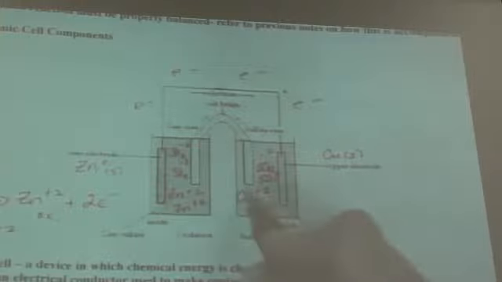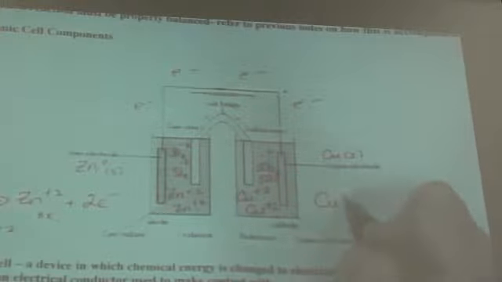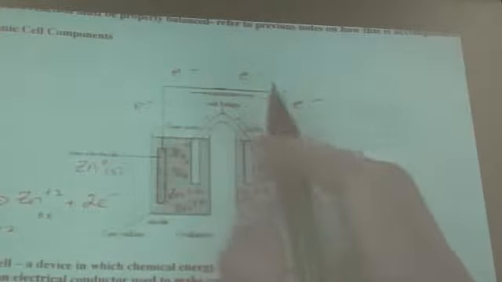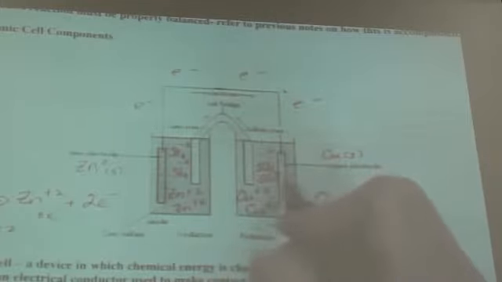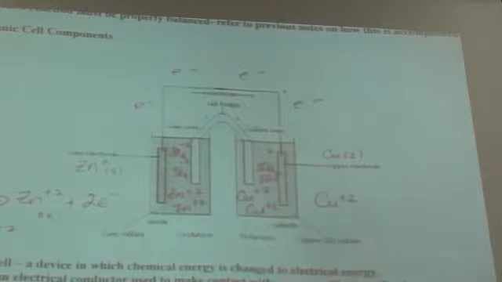It's gaining electrons. So these copper 2 ions are gaining the electrons that are coming to the metal copper electrode, yeah? So they are joining onto the metal electrode along with 2 electrons and forming elemental copper.